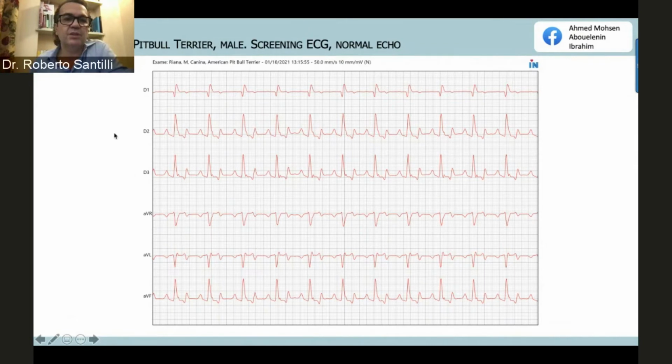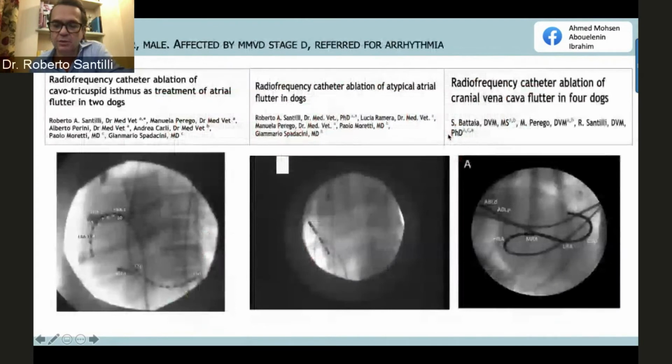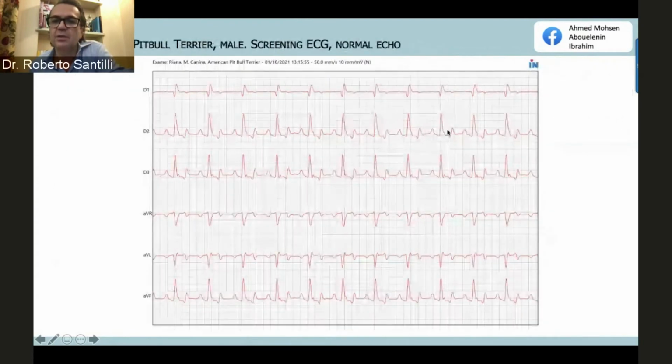So here we see something interesting because we see this narrow QRS complex, like this one here. But then in the descending part of the QRS complex, there is this type of alteration here, here, here, here, that is coming out here, here, here, here, and look how nice it is here.